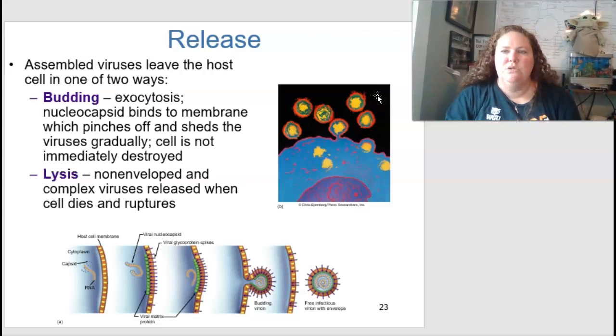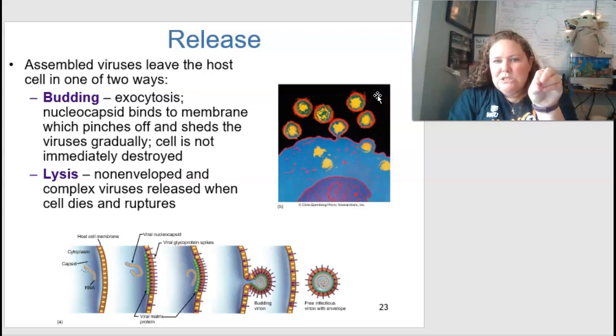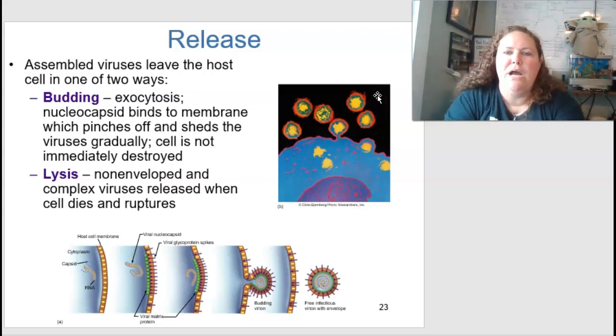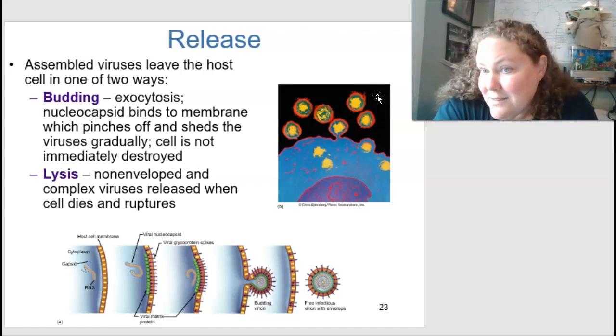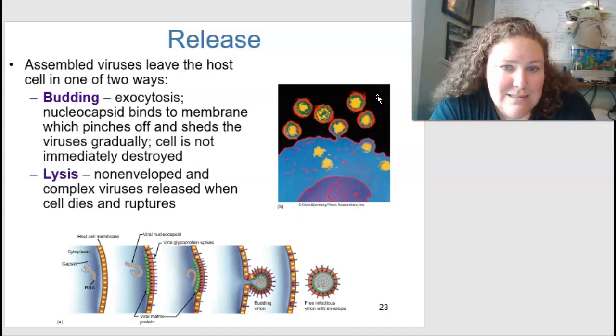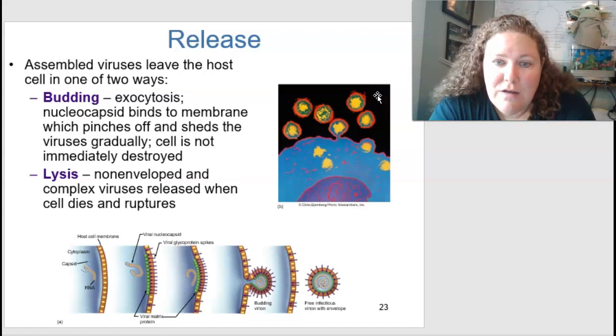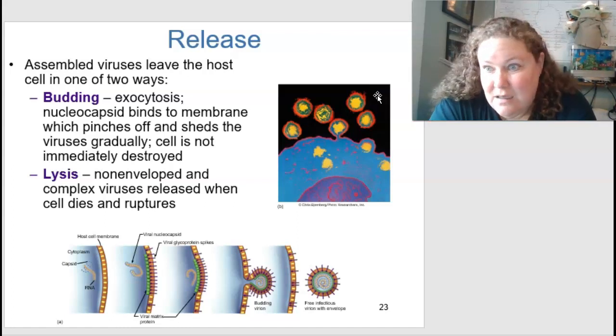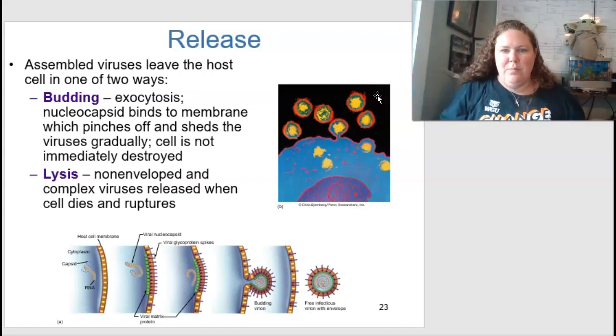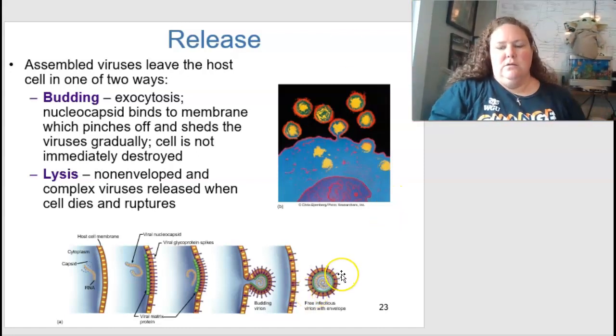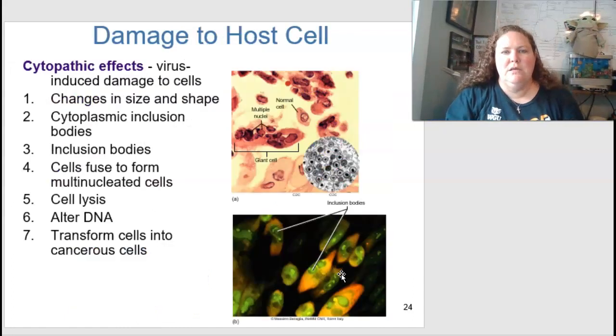Either it buds, which is exocytosis, where the nucleocapsid binds to the membrane and then pinches it off and sheds the viruses gradually, and the cell is not immediately destroyed. Or we have lysis, which is with the non-enveloped viruses, and this is when the complex viruses are released when the cell dies, and it explodes. It lyses, it blows up, and it just releases all of the viral little guys, viral babies.